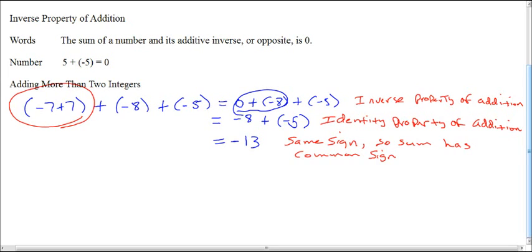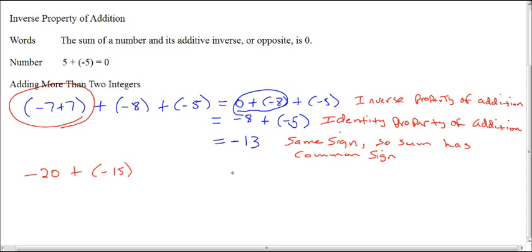Let's say we have a negative 20 plus a negative 15.